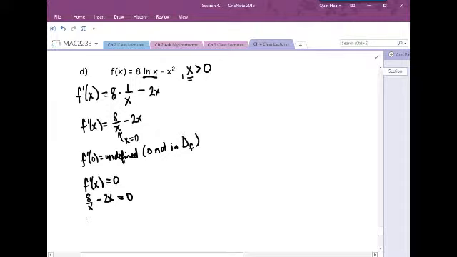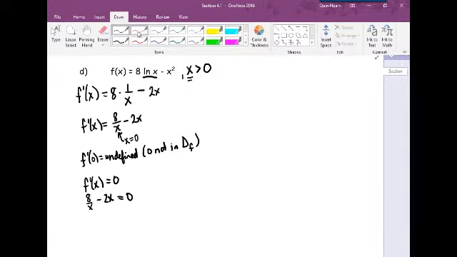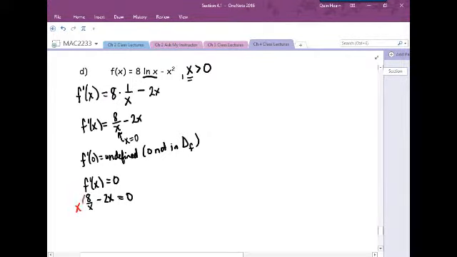So that would be 8 over x minus 2x equals 0. And so this is a rational equation, and I think it would be helpful to clear the denominator of x. So what I'm going to do is multiply both sides by x.